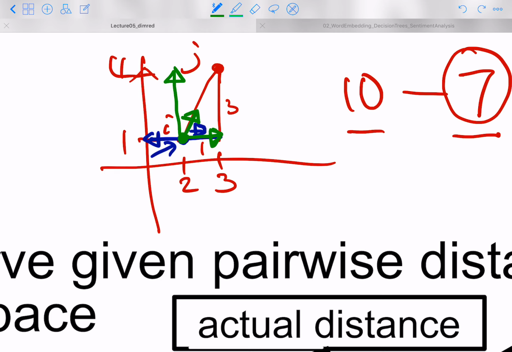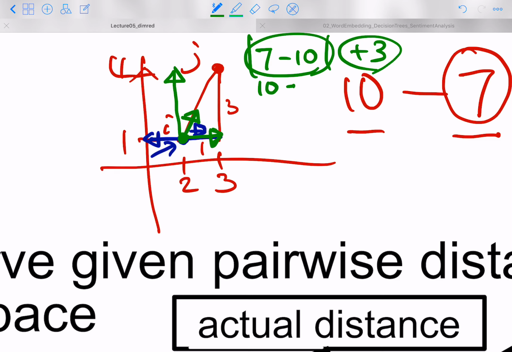So you can think of it as some spring force. We have ideally 7, but it's 10, so we have this amount of discrepancy. So our force or gradient will be proportional to this value, okay? And also the direction will be pointing to this other point.